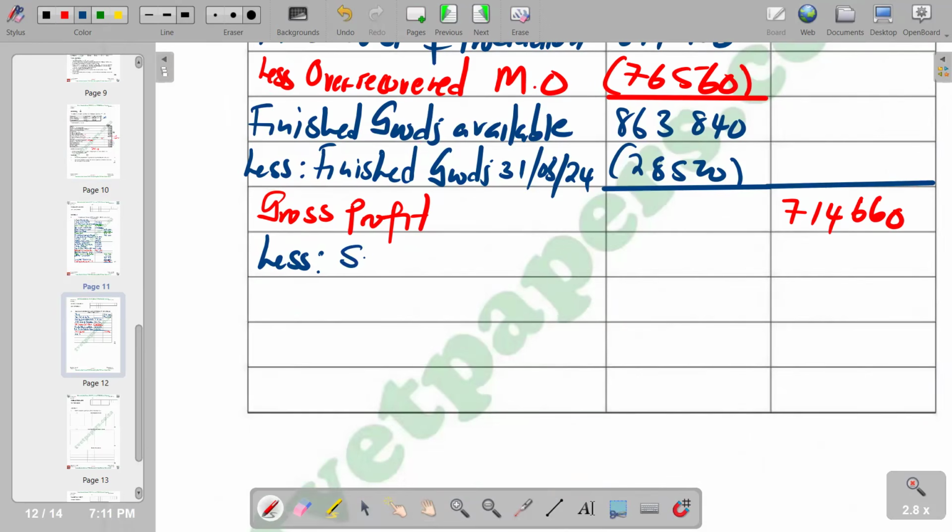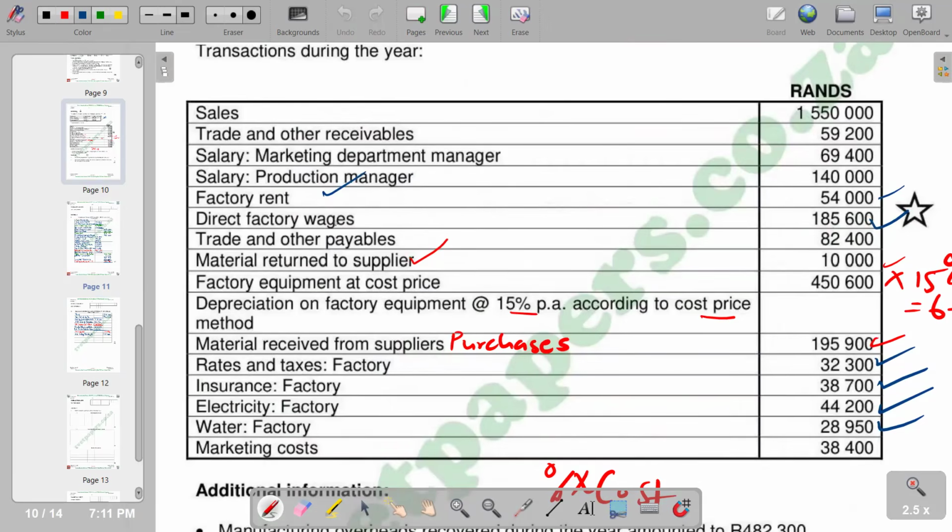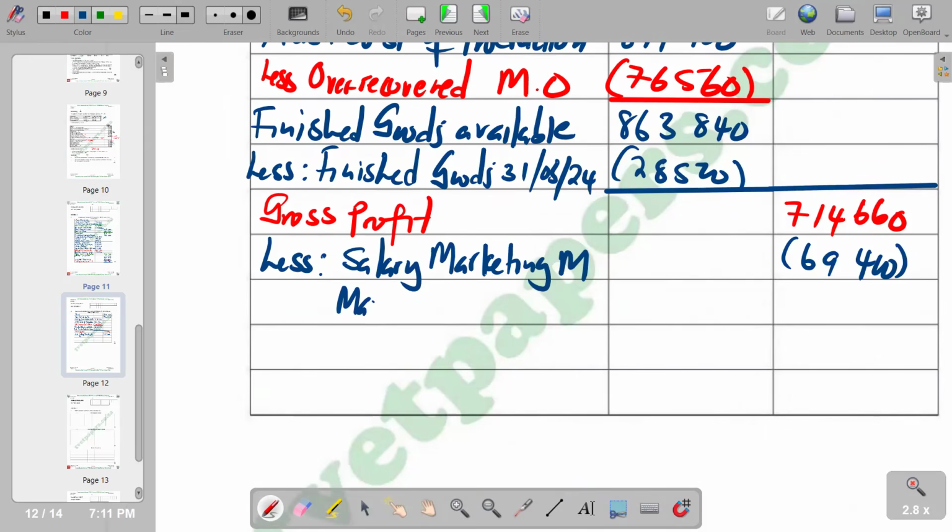So we are saying salary marketing manager, in the amount that we have is 69,400, and we're supposed to subtract it from our gross profit. And then the next expense after that one, we have marketing costs 38,400. I will subtract it again.